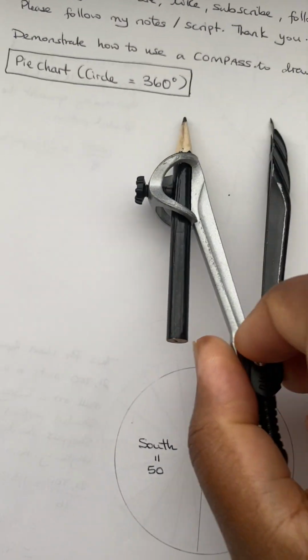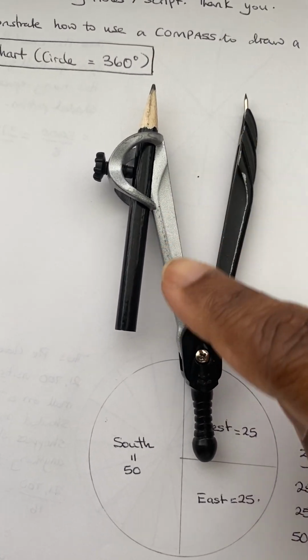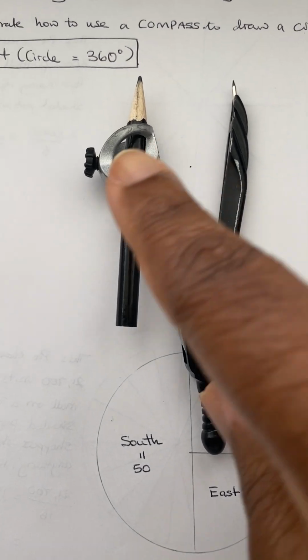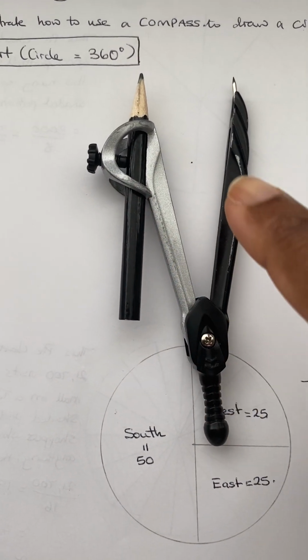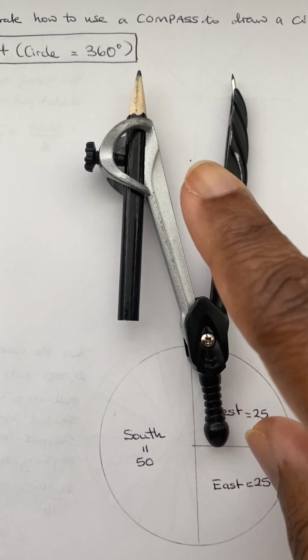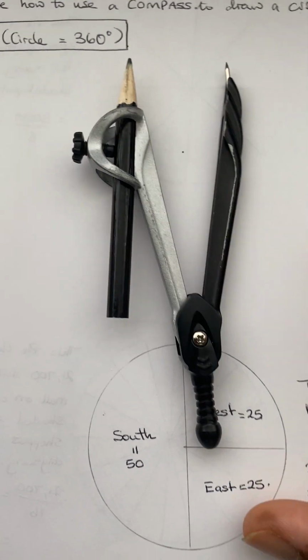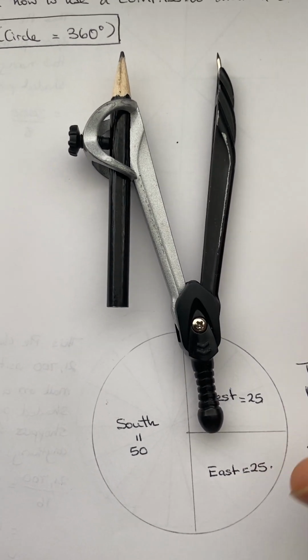With pie charts, you would need a compass and a pencil. If you are going to write an exam, I would advise you to fix it this way and put it in your transparent pencil case.